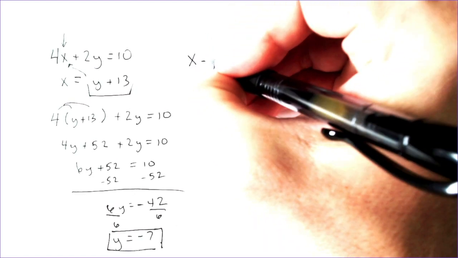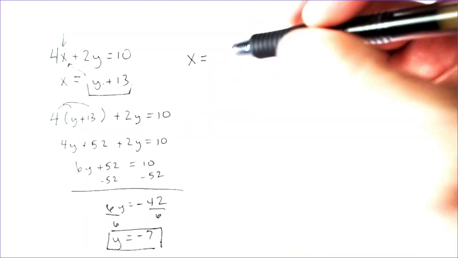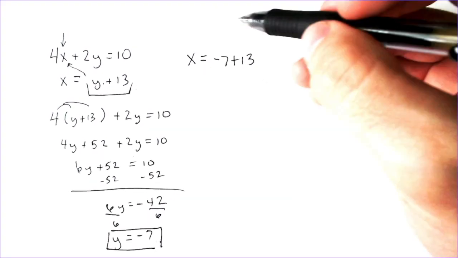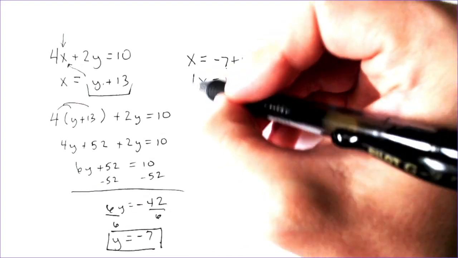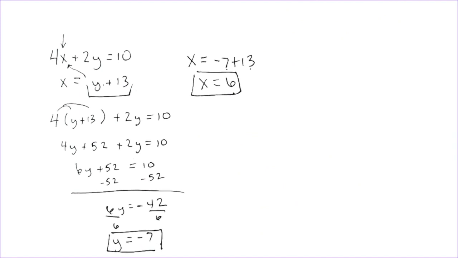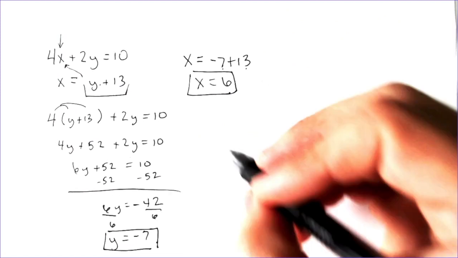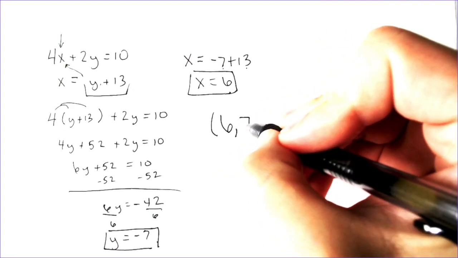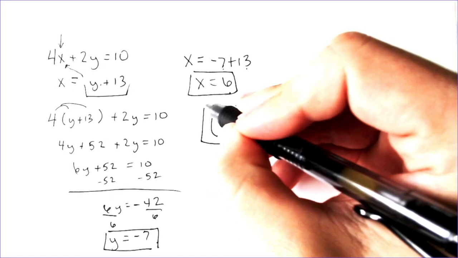So I would get x equals, replacing the y with what I found out y was, negative 7 plus 13, which in this case, x would equal 6. Now, a lot of times teachers will want this written as a coordinate point, which really just means that you have to write it as 6, comma, negative 7, x, y in point format.